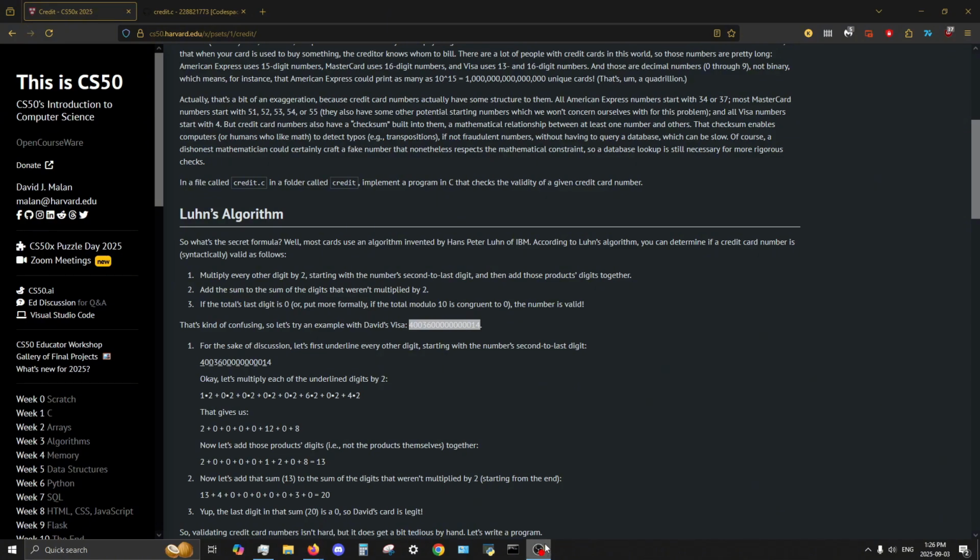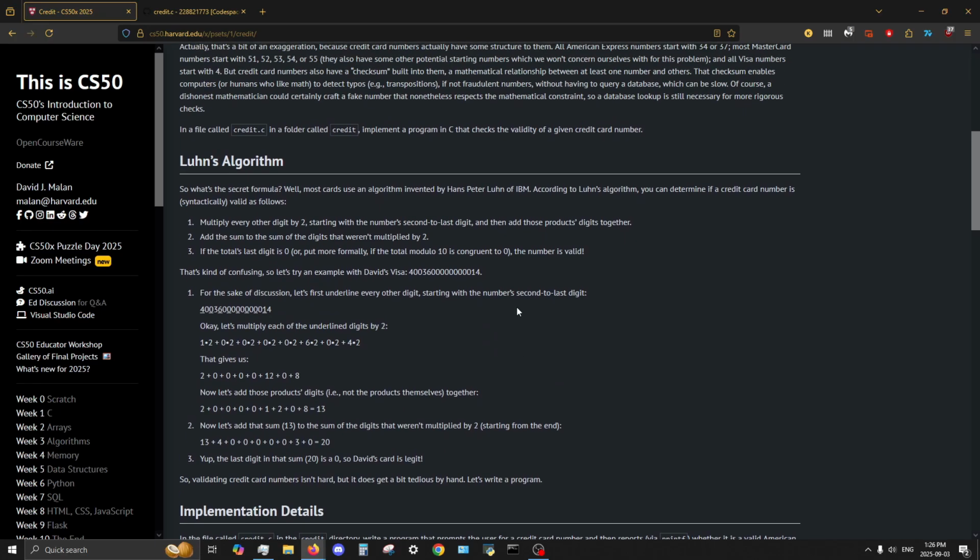So we need to do, so this is the card number. So apparently this whole problem revolves around dividing by 10 to remove the last number, and then using that last number to do this.